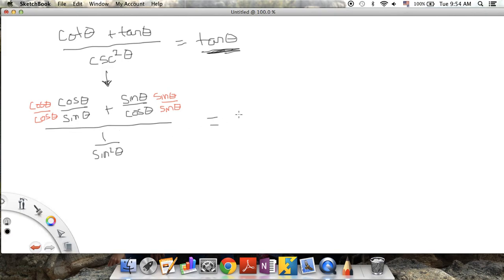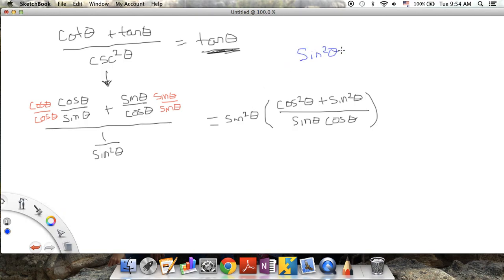And dividing by 1 over sine squared is the same thing as multiplying times sine squared. So that just moves up there. We get our common denominator. We have cosine squared theta plus sine squared theta over sine of theta cosine of theta. All right, right here, what do we know? We know by those Pythagorean identities that cosine squared plus sine squared, or sine squared plus cosine squared, either way, equals 1.